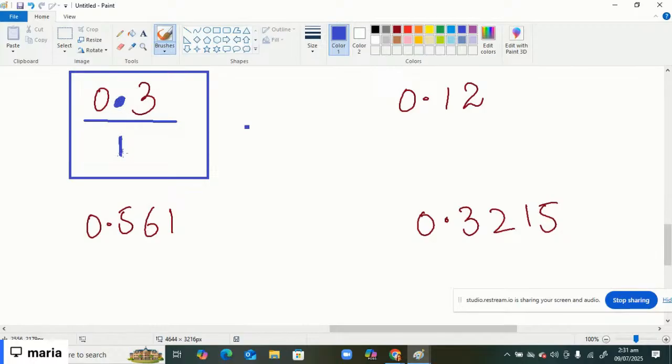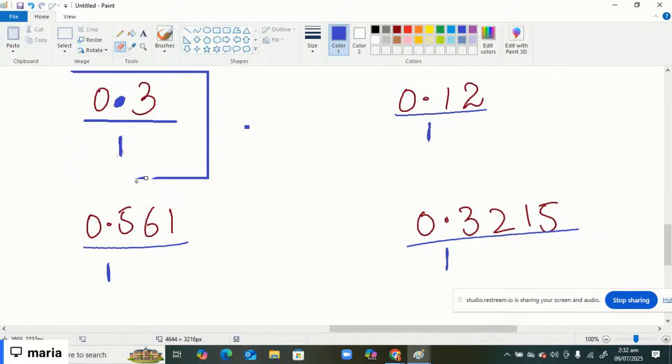In all of them, we are going to put 1. Sometimes the digits after the decimal point are small, sometimes they are big, but we are going to do the same method, okay?